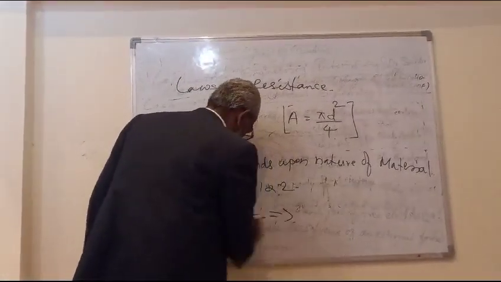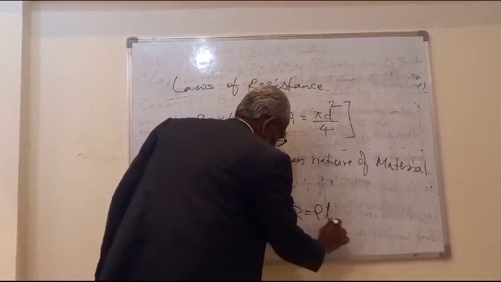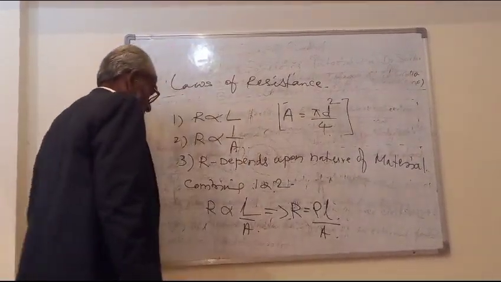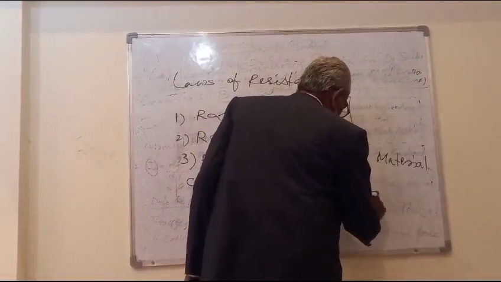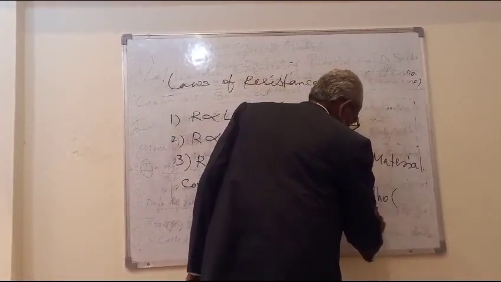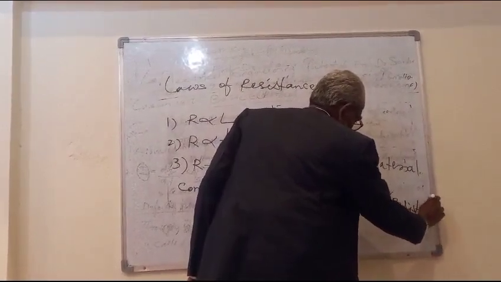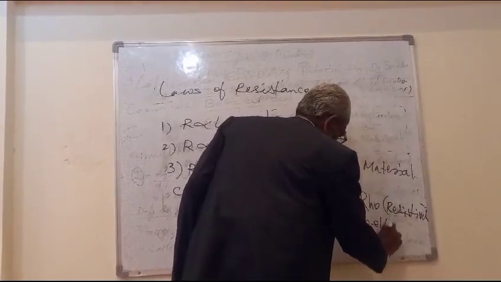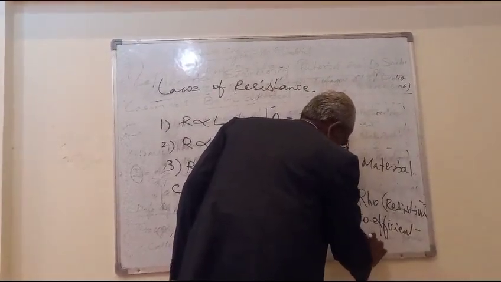Suppose that you have removed the constant of proportionality sign, you will get here R equals rho L by A, where rho is the constant of proportionality, which is called resistivity. Resistivity or coefficient of resistance, also it will be called.